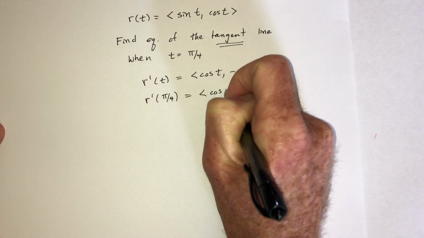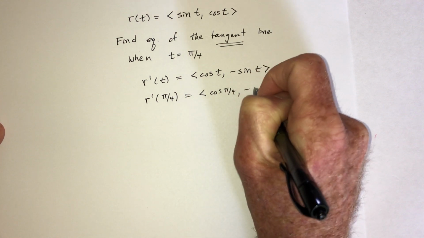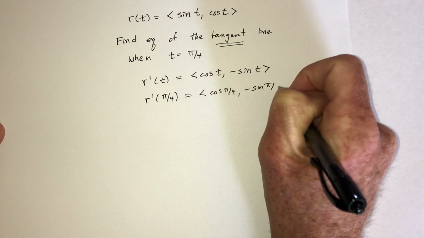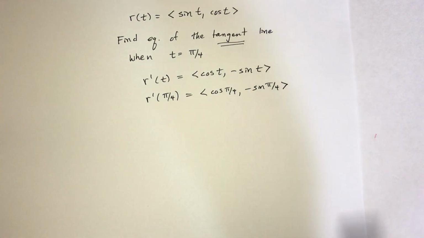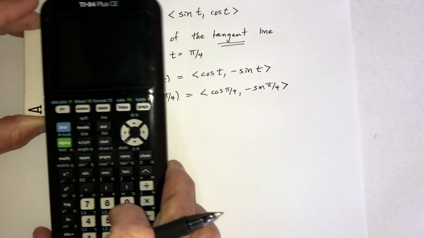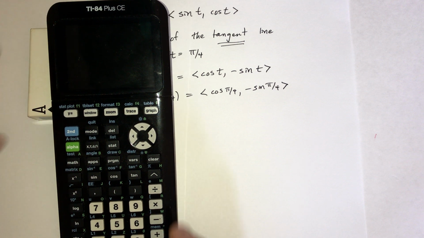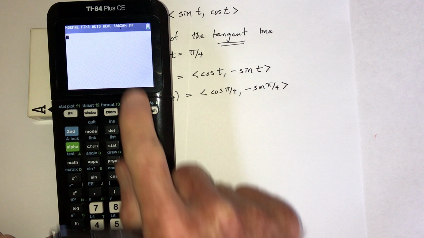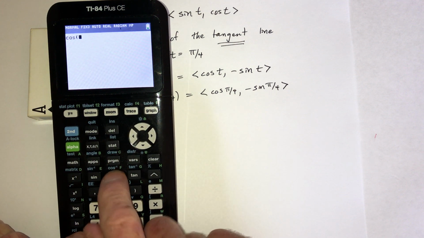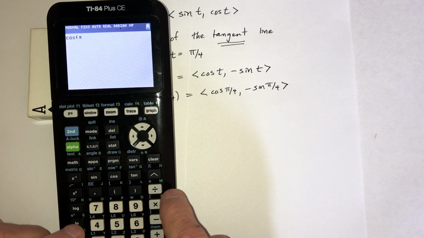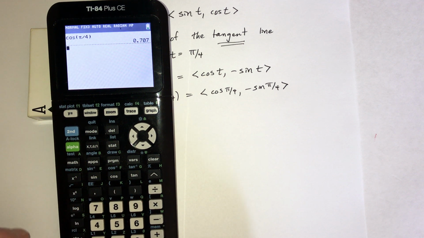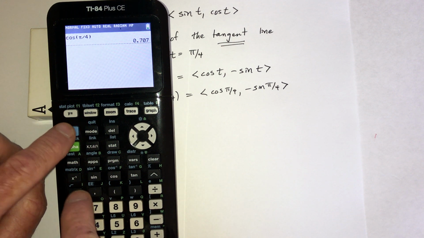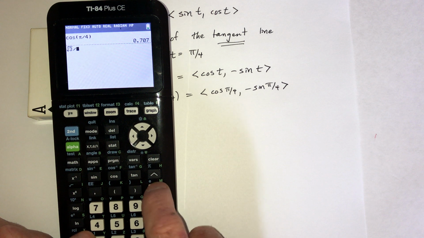So how much is cosine of pi over 4? And how much is negative sine of pi over 4? Perhaps you have the unit circle memorized. I don't, but I do have a calculator. It's in radians. Excellent. So how much is cosine of pi over 4? It looks like the square root of 3 divided by 2, I think.